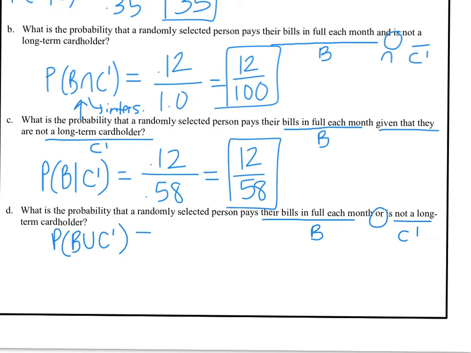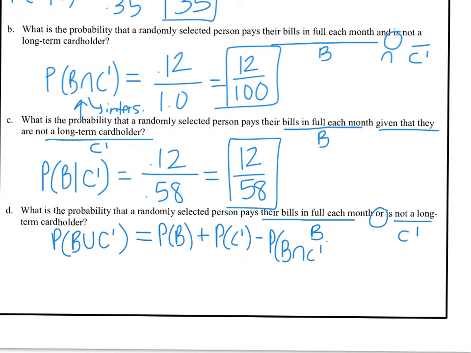Well, using that formula that we have been learning about in this video, we're going to do the probability of B total plus the probability of C prime total and subtract off the probability of their AND.